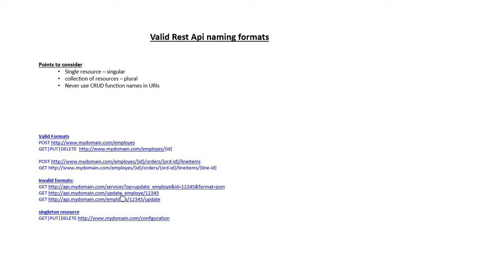On top of that, here I am adding the update keyword in the name. I shouldn't be using update with the name. Here I'm trying to do the update, and I shouldn't be doing that. So these are some of the invalid formats of using REST APIs.